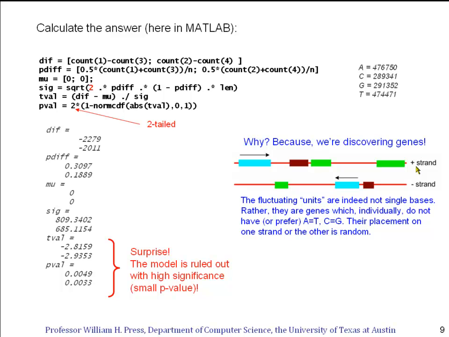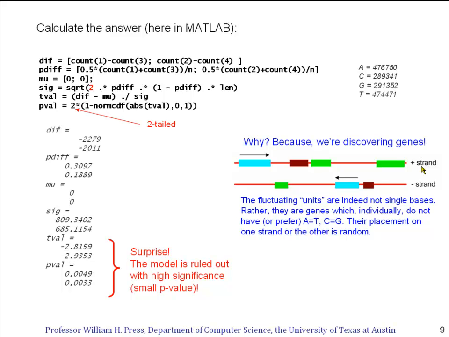The reason the counts are therefore not as close as they ought to be is because the number of genes, which would be kind of the n in those binomial formulas, is much smaller than the number of base pairs.